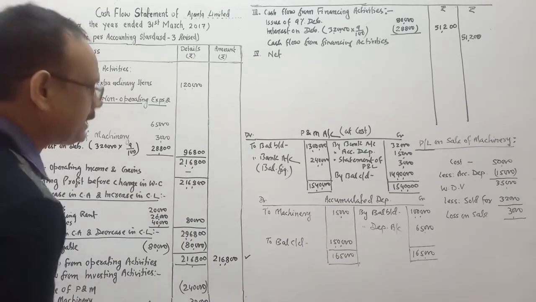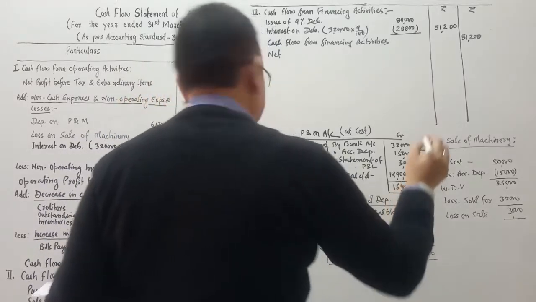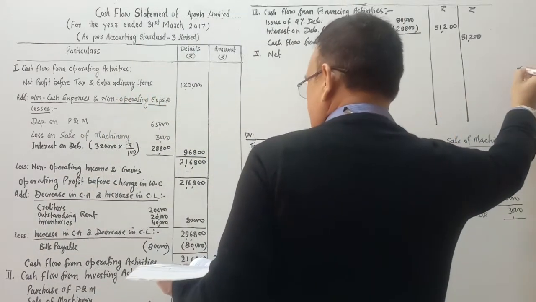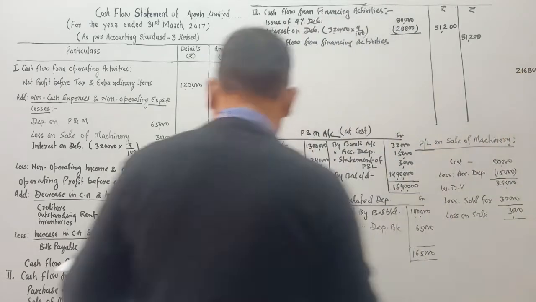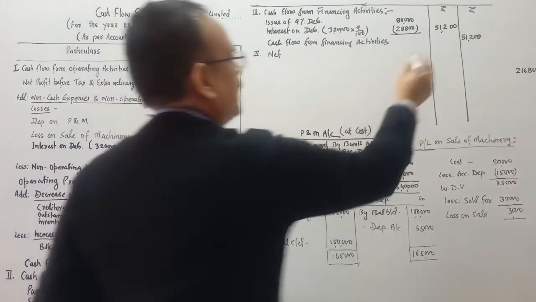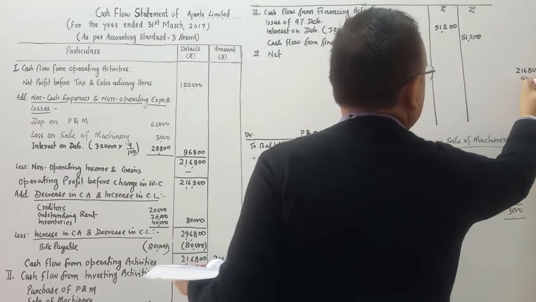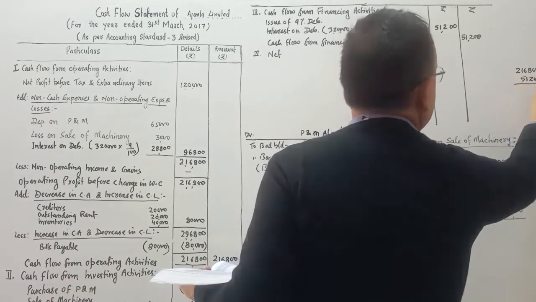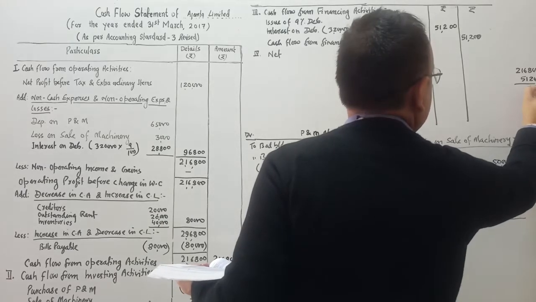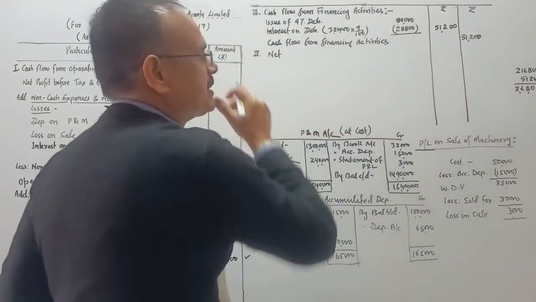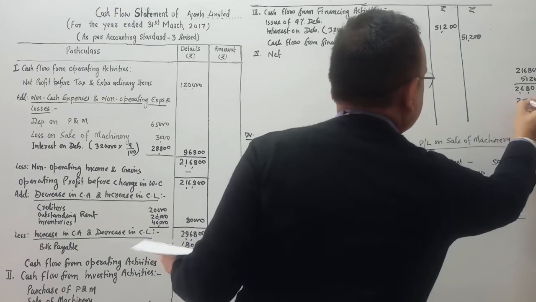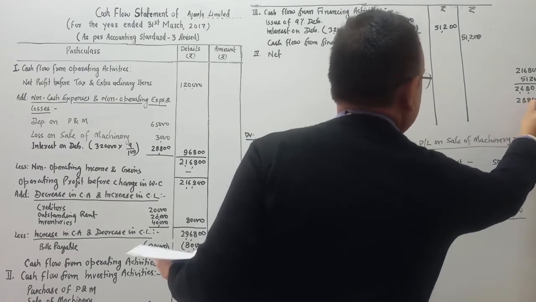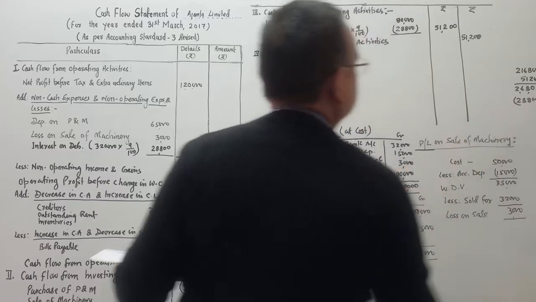So there are two inflows: operating activity inflow is 2,16,800 and financing inflow is 51,200. Total inflow is 2,68,000, and the outflow is 2,88,000.